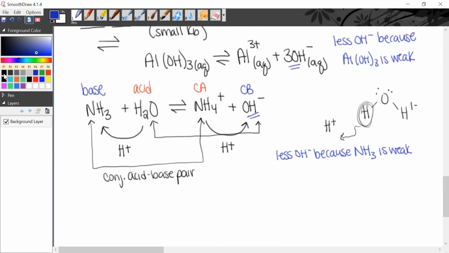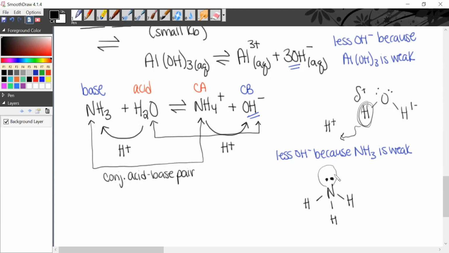Well, let's think about the structure of NH3. This thing with its lone pair right here, right? These electrons attract hydrogens, okay? If there's any polar hydrogen in water, this partially positive hydrogen is really attracted to this lone pair here on the ammonia.